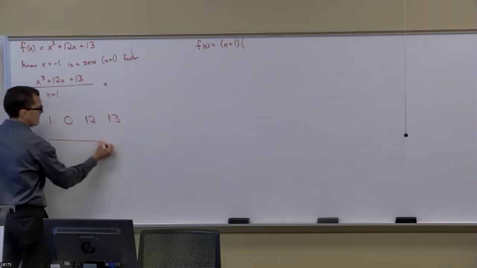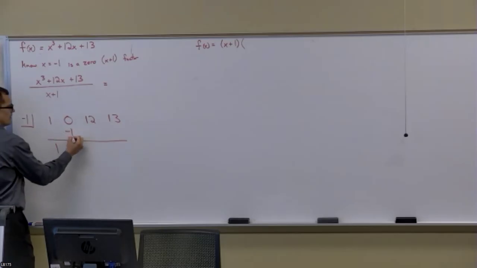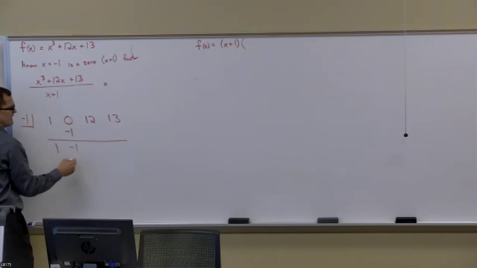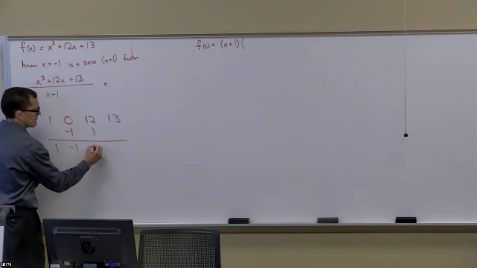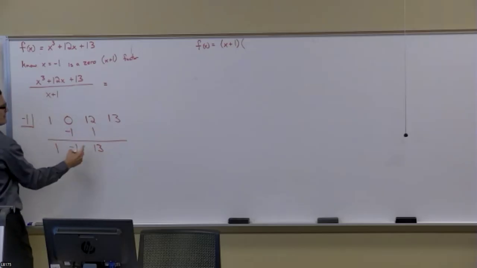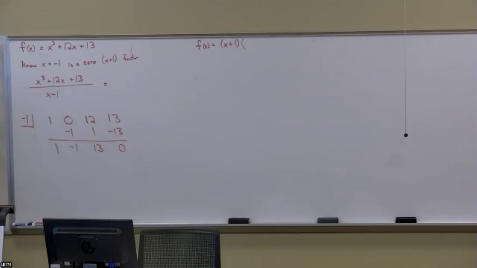Those are my coefficients. Drop 1 down, multiply times -1. Add those two, multiply times -1. Add those two, multiply times -1, and sure enough, I got a remainder of 0.